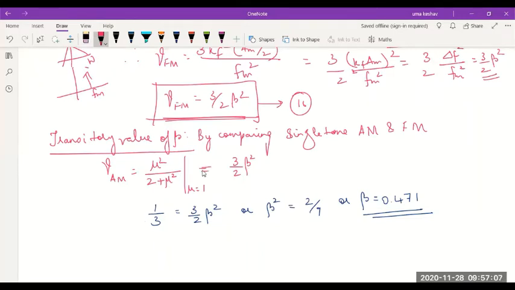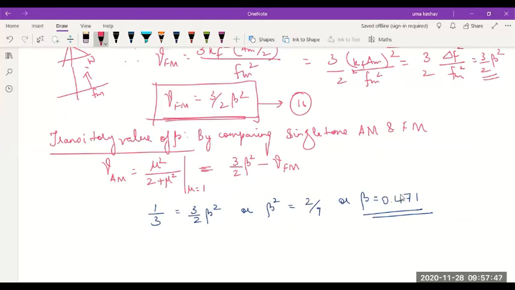And we will try to compare it with the figure of merit of single tone FM, which is 3 by 2 beta square. So we want to equate the figure of merits of single tone AM with that of single tone FM. And when we equate, we substitute mu as 1 to find what beta value I will get corresponding to this level of figure of merit. If you do that, you will get beta square as 2 by 9 or beta as 0.471.